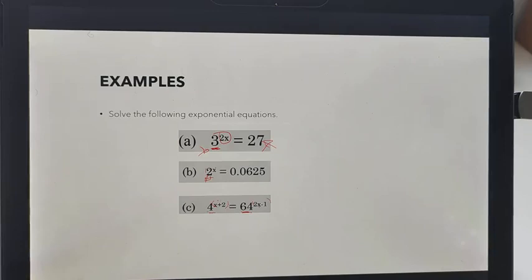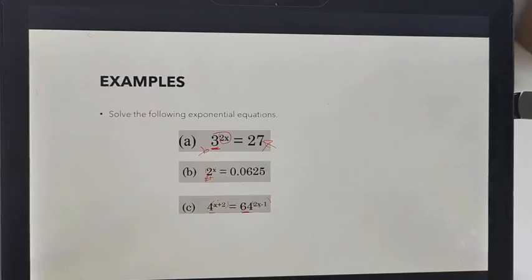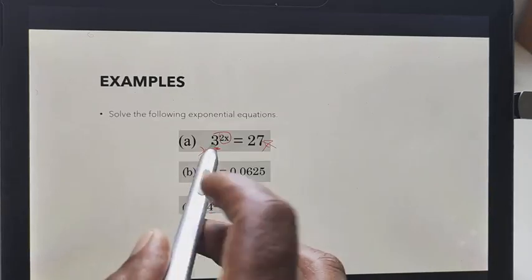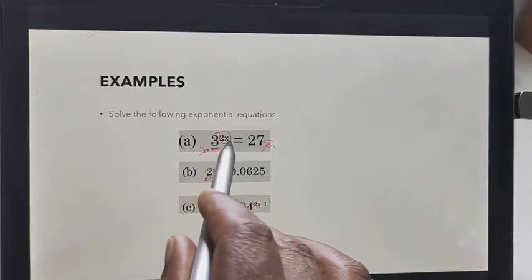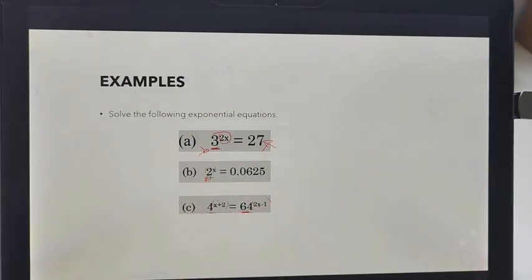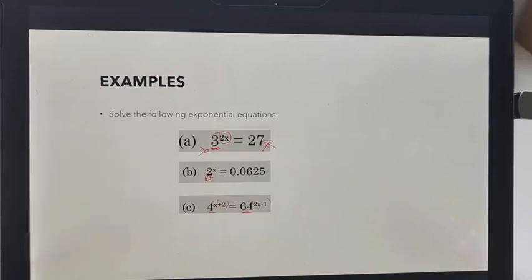Let's look at them one by one. We are going to demonstrate as we solve those examples.